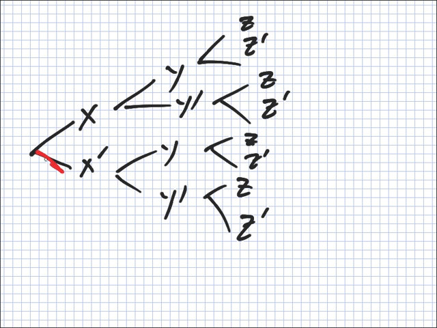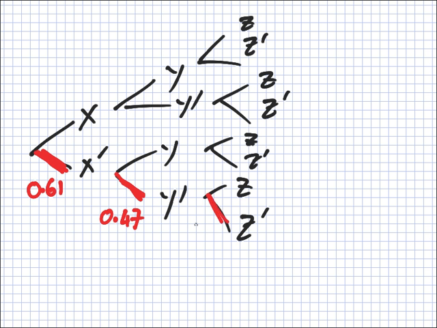What is the probability of X not happening? It says it here, 0.61. What's the probability of Y not happening? 0.47.